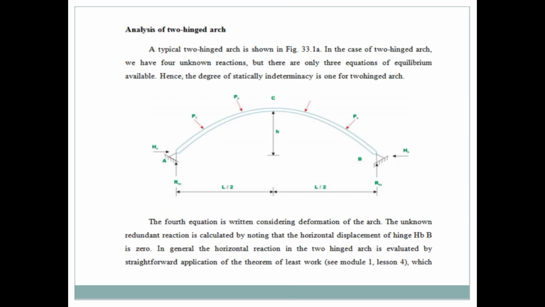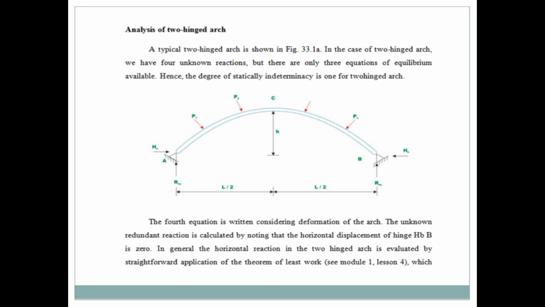And next, analysis of two-hinged arch. A typical two-hinged arch is shown in the figure. In the case of a two-hinged arch, we have four unknown reactions, but there are only three equations of equilibrium available. Hence, the degree of static indeterminacy is 1 for a two-hinged arch. This is the diagram, two-hinged arch of a circle.